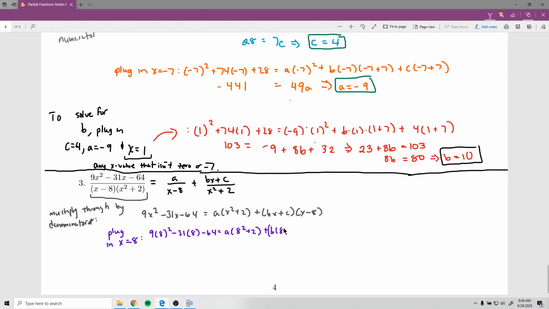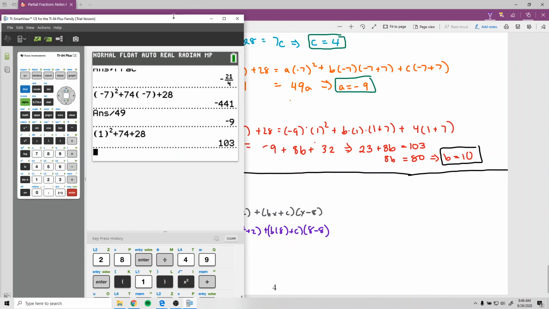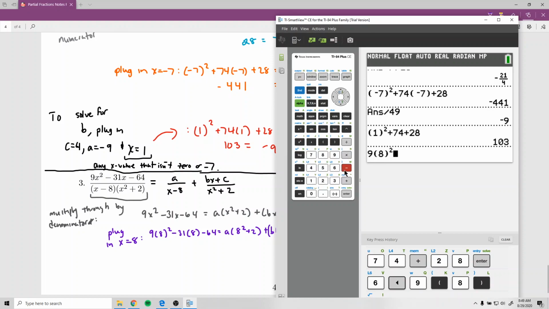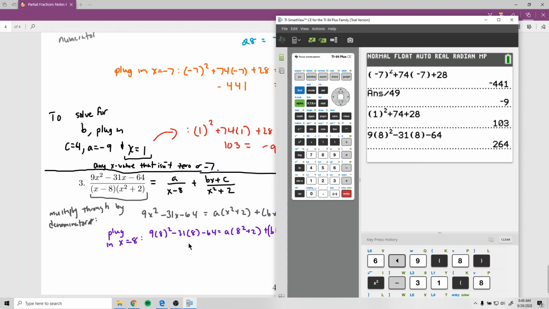And just to emphasize why it doesn't matter for this second one here, even though we have the B and the C and everything, just to write it in. All right, so the left side, pretty big number, 9 times 8 squared minus 31 times 8 minus 64, 264.